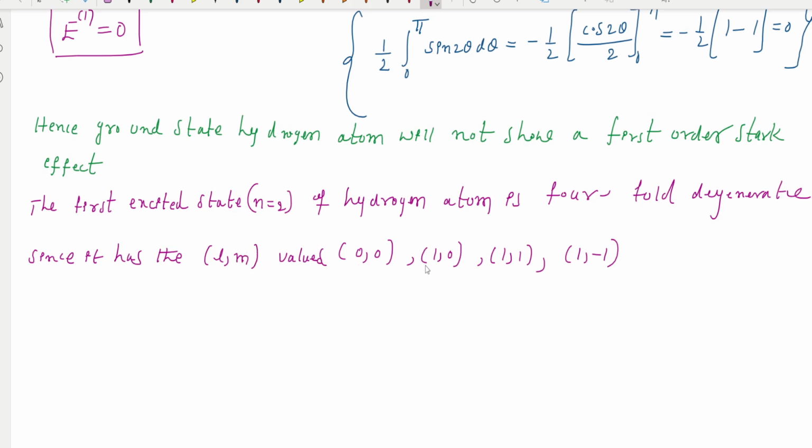M values: 0, 0, 1, minus 1. These are the fourfold degenerate states.